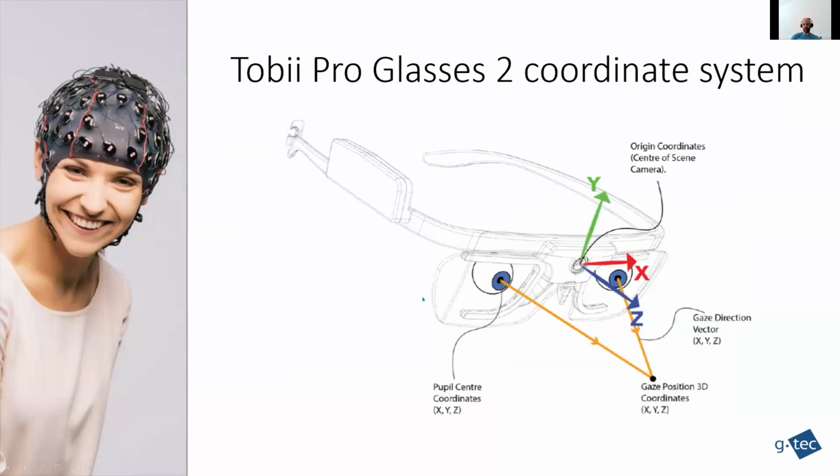This is the coordinate system of the eye tracker. The reference is in the middle of the camera, and then you have the XYZ coordinates as shown here.